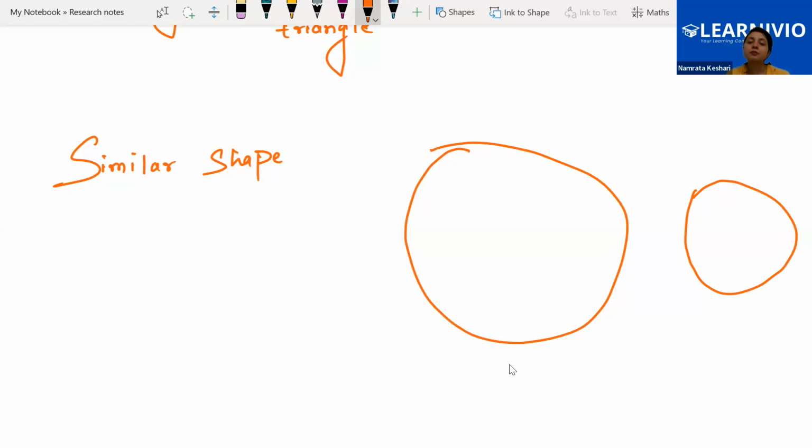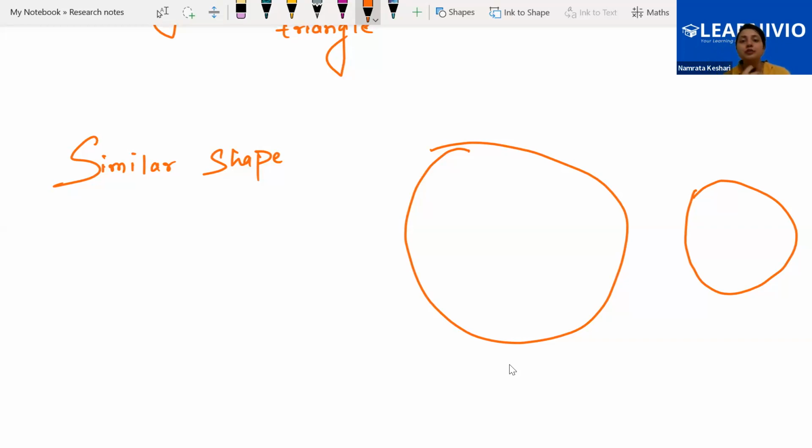Why similar? Because there is a criteria to be a similar shape. The radius or diameter of this circle we are reducing by half, or increasing by double, or 3 times, or reducing by 1/3.